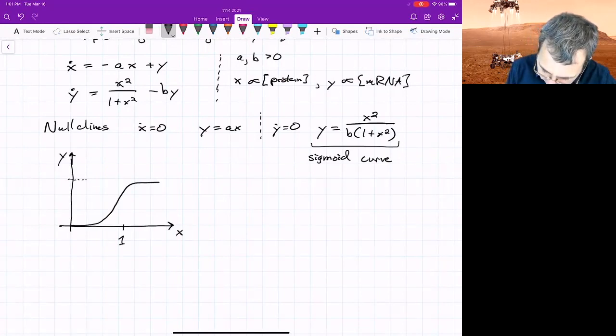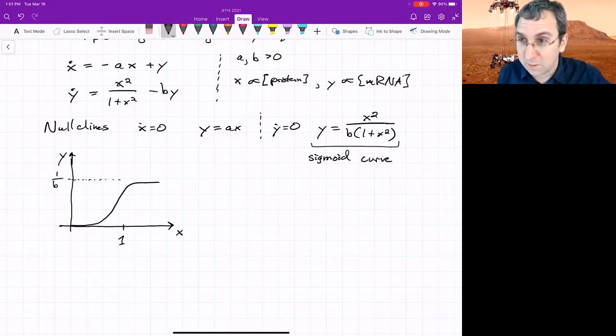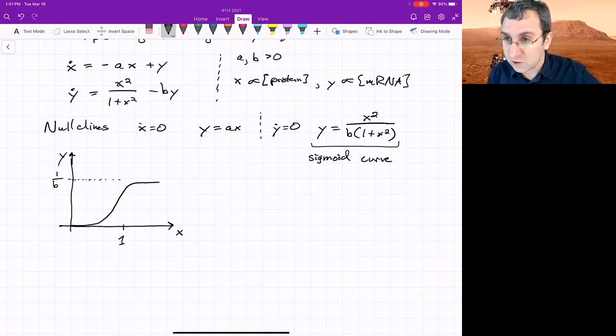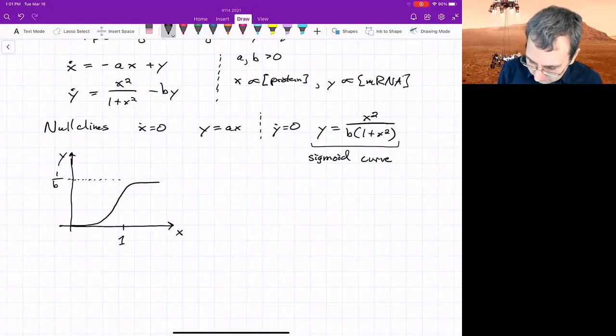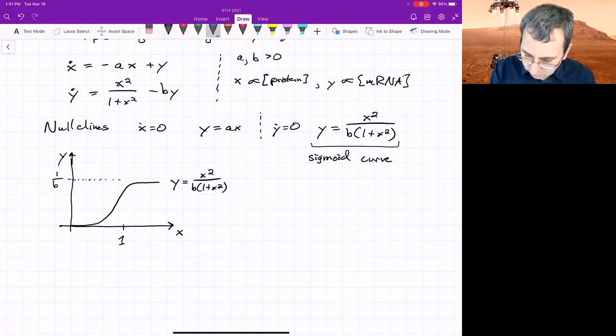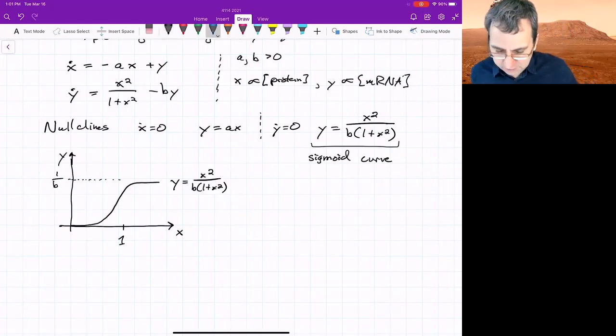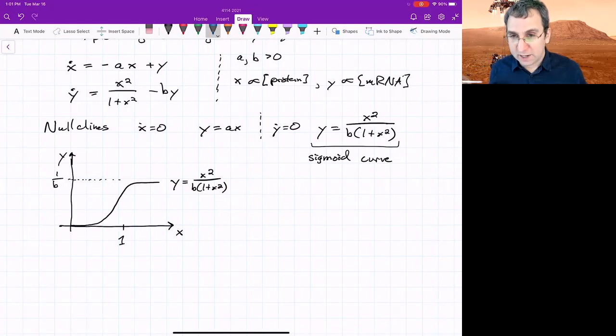And it's going to be asymptoting to 1 over b, right? Think of x going very, very large. Then x squared over 1 plus x squared is about equal to 1. So this goes to about 1 over b. So this is that sigmoid curve. And we're going to think of b as fixed and a can vary.